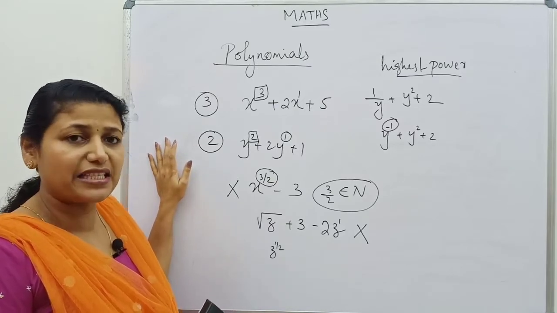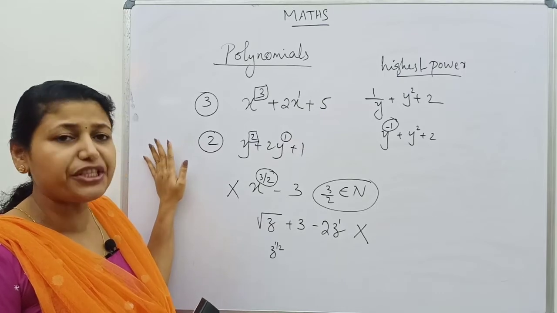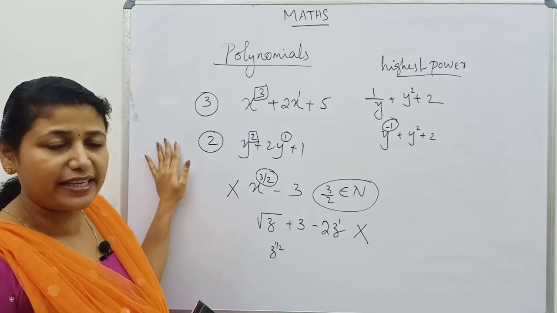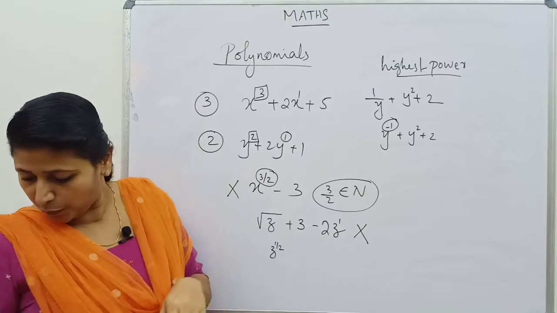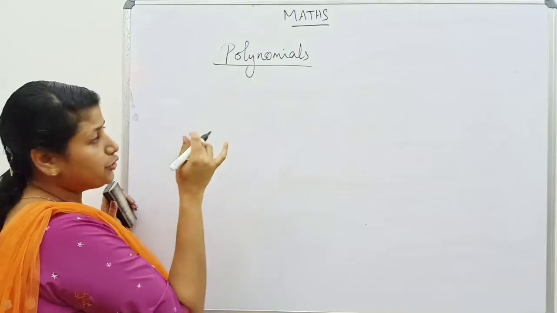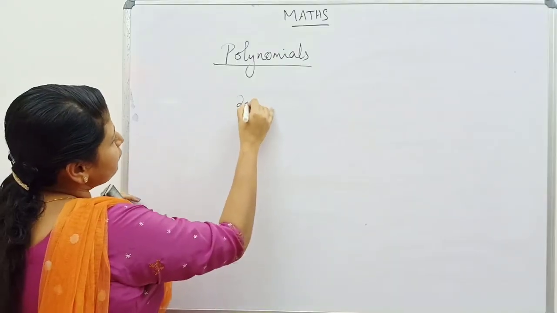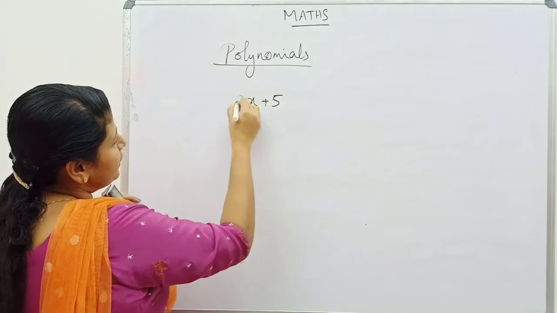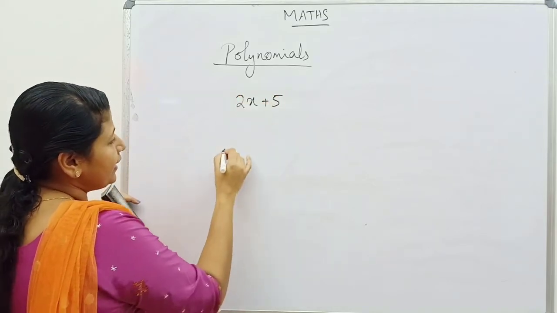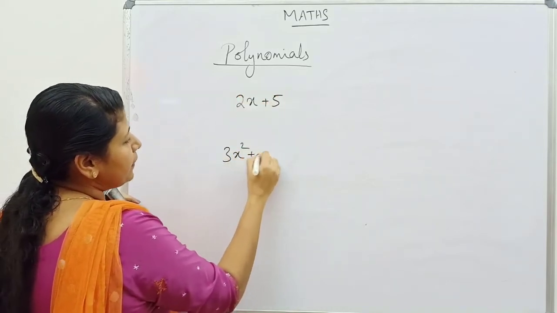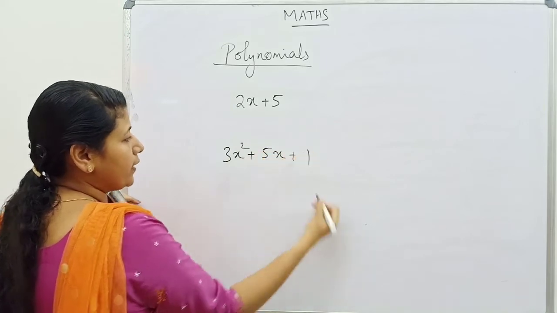We can classify the polynomials on the basis of their degrees, which are as follows. Let's listen to the examples. One example is 2x plus 5. Another one, 3x square plus 5x plus 1.